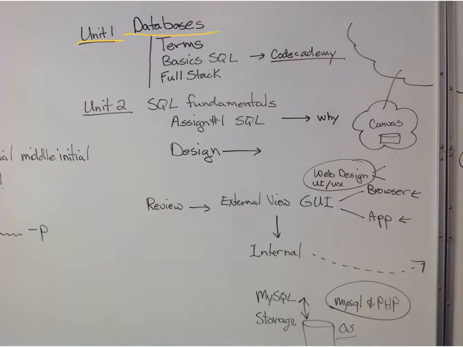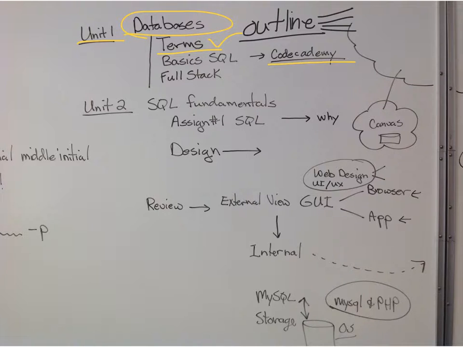Next step. Unit 1, we have that overall view of databases, a lot of terms. So make sure that you are working on your outline for the course. It looks like most everybody has it started, but some people have the first unit all done, some still have a ways to go.